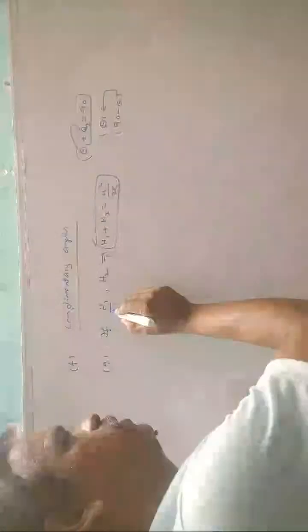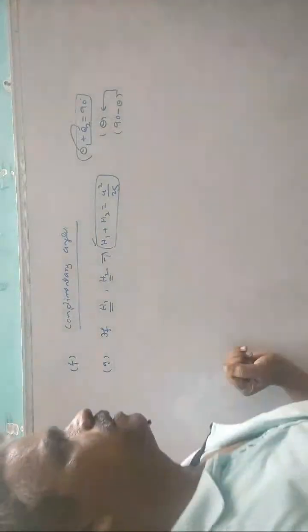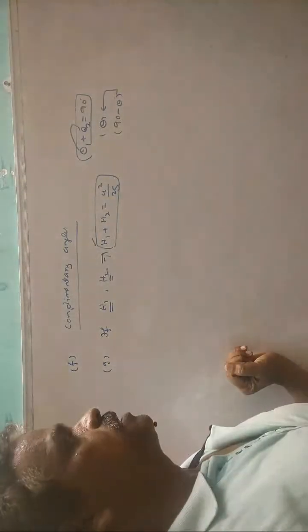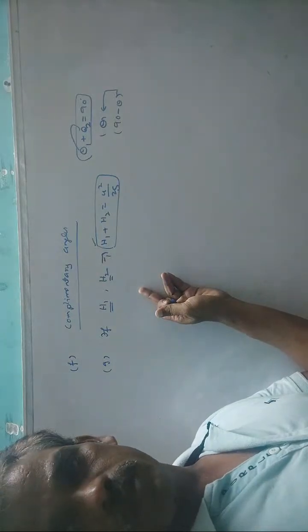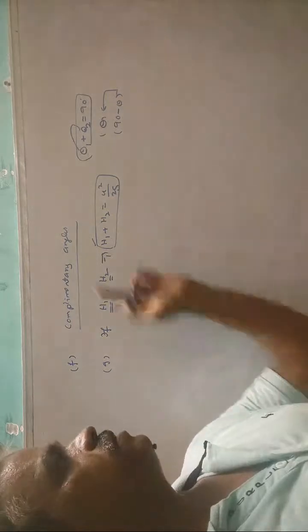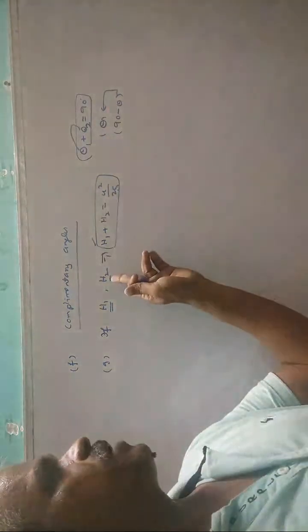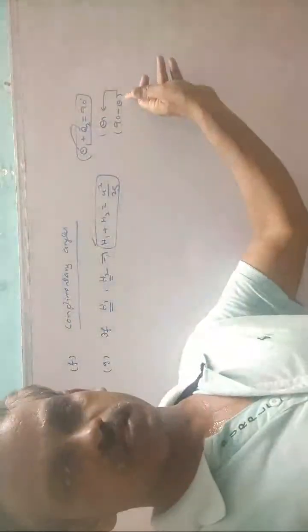H1 and H2 are the maximum heights for two complementary projection angles. The first body, H1, is the one projected with angle theta. H2, the maximum height, is acquired by the body projected at 90 minus theta.